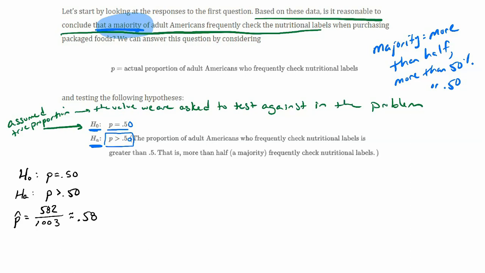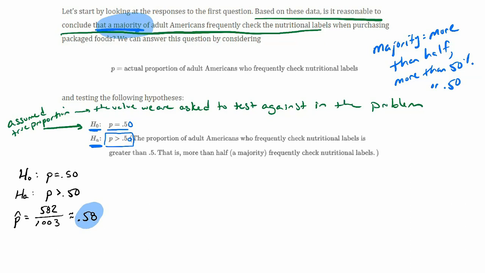All right, so let's take a second to digest what's going on here. We took a random sample of 1,003 people, and we asked, did you check the labels before you buy the food? 582 said yes. So from our sample, about 58% said yes. Based on that, is it reasonable to conclude that more than half of the population in general checks the labels?